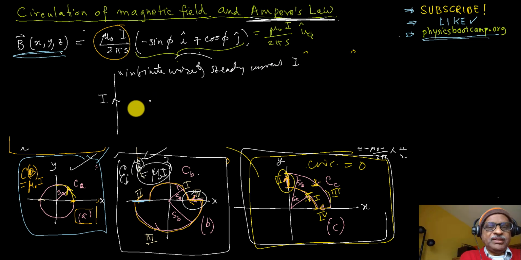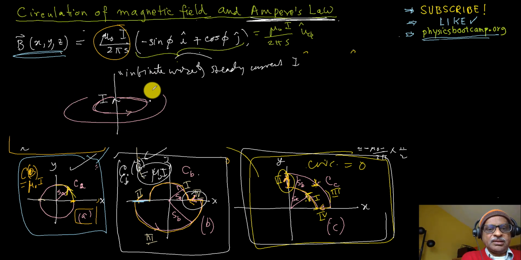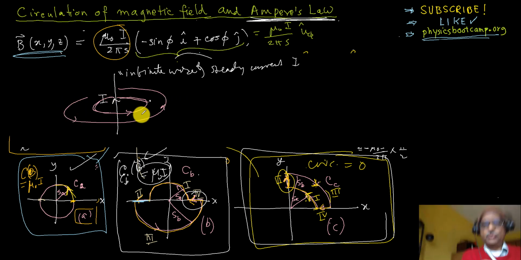If you look at the magnetic field at any point, it is circulating around in these circles, and you use the right-hand rule to get the orientation of the magnetic field. So it is going around in circles around this current carrying wire.